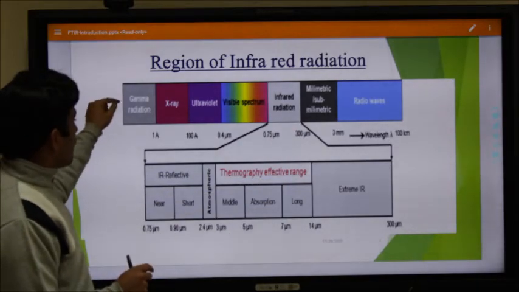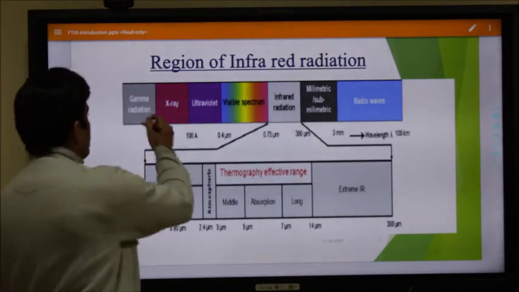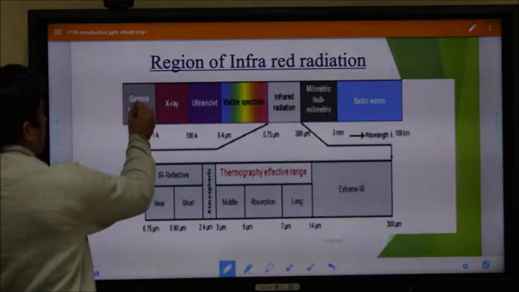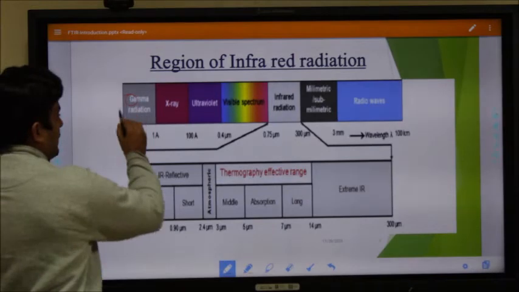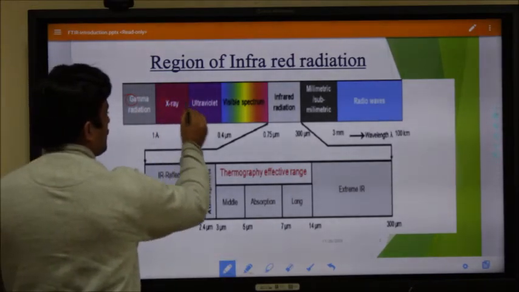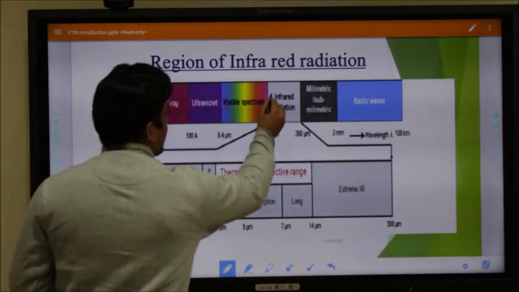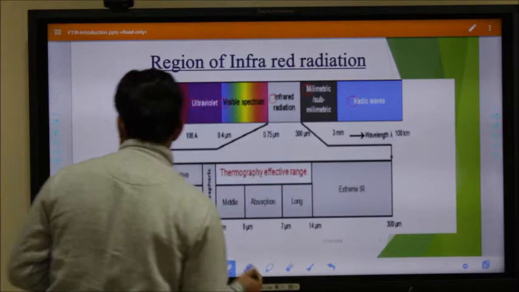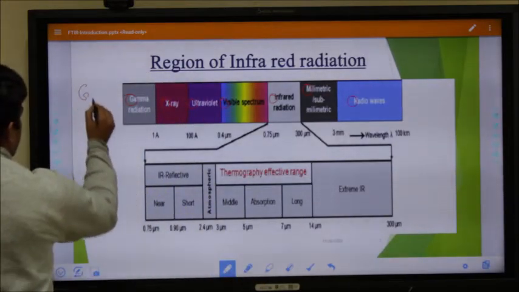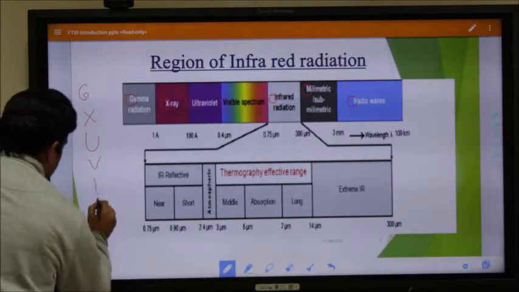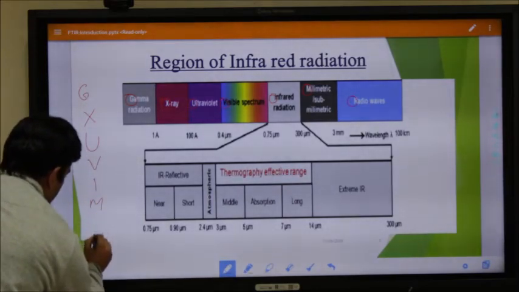The shortcut to remember is just remember the first letter of all these radiations. For example, if we observe here, gamma radiation, just remember this phrase: GARI XUV in my range.